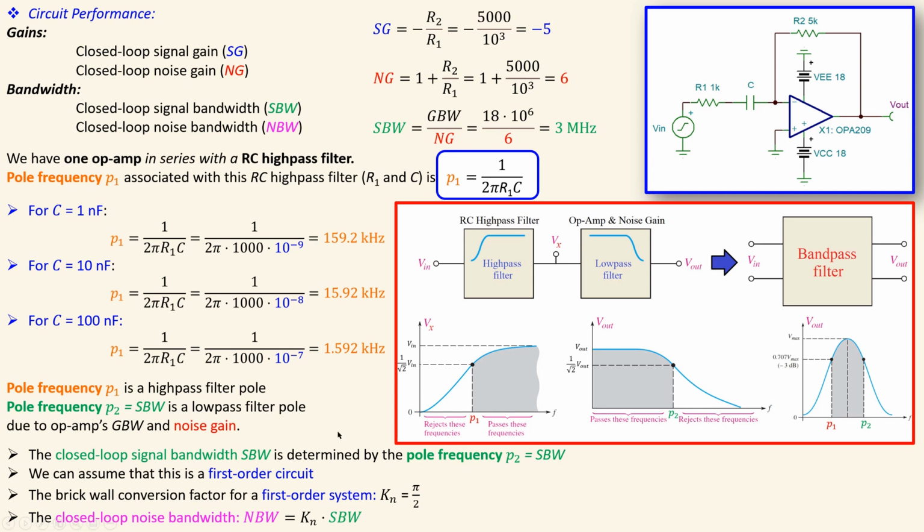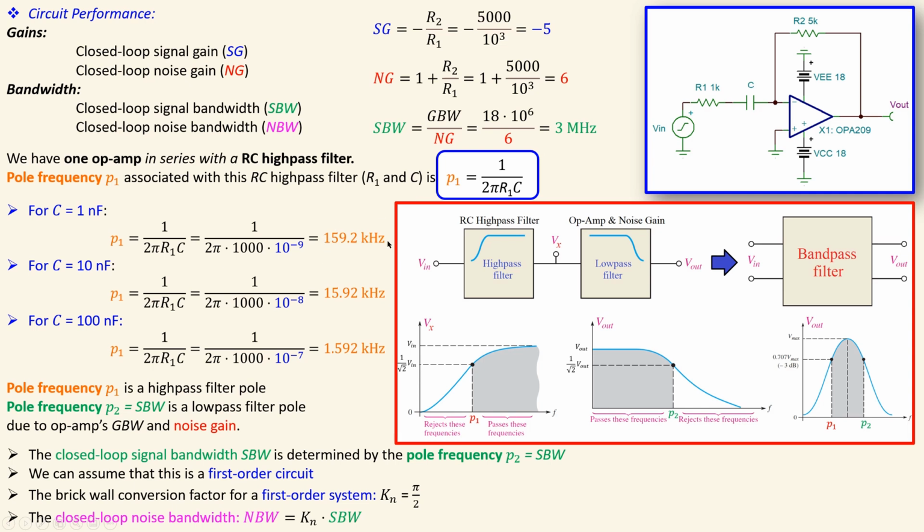Why? Because the signal bandwidth is 3 MHz, and this value here is actually very small. This one is pretty small compared to the 3 MHz, and this one is also not that much, approximately 0.16 MHz, which is again not a very large number compared to the 3 MHz.